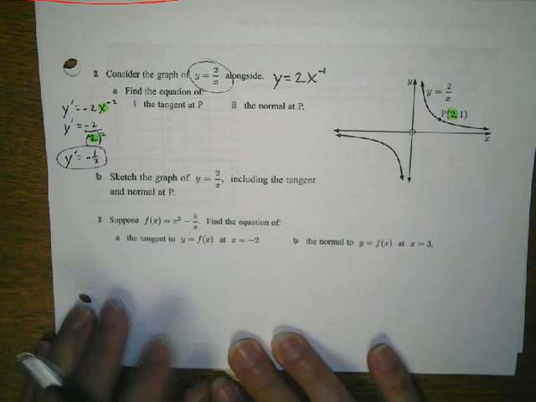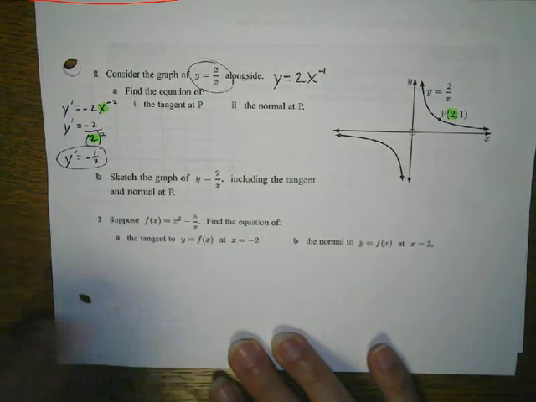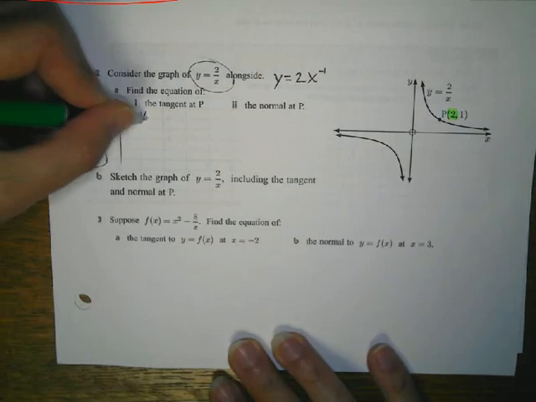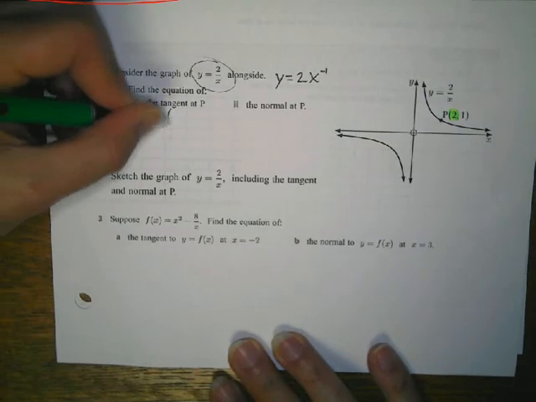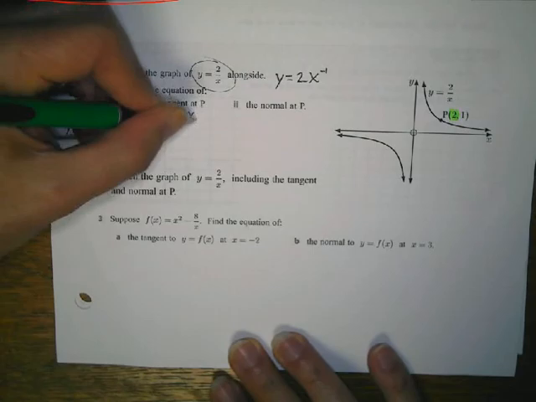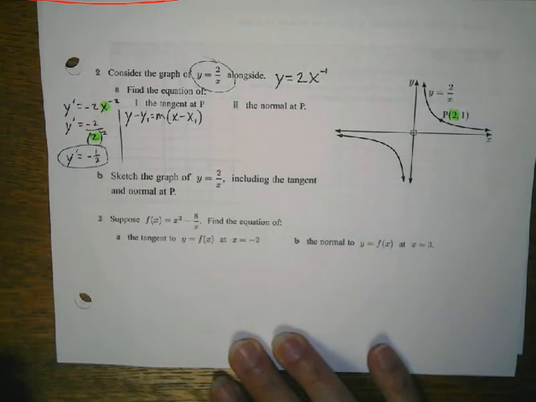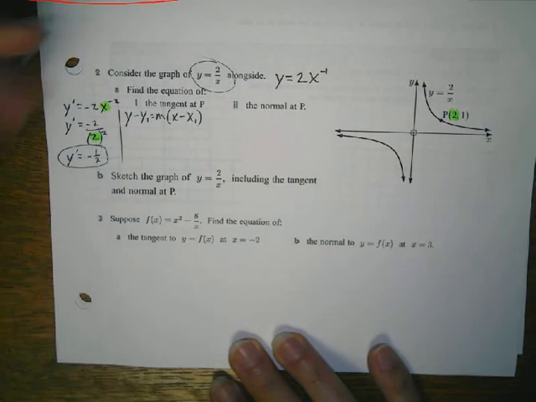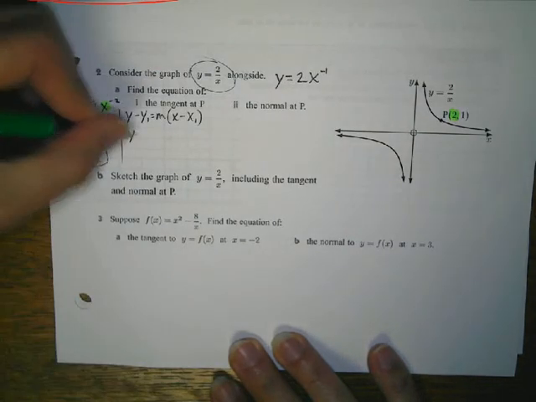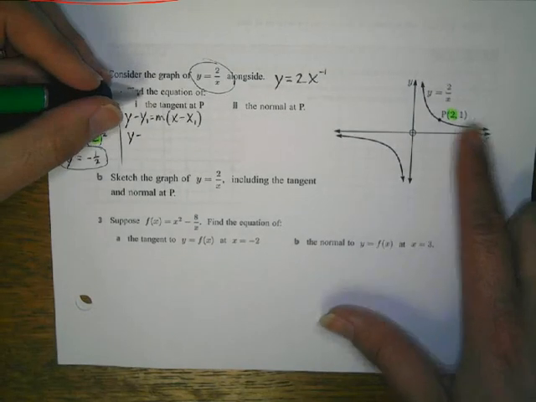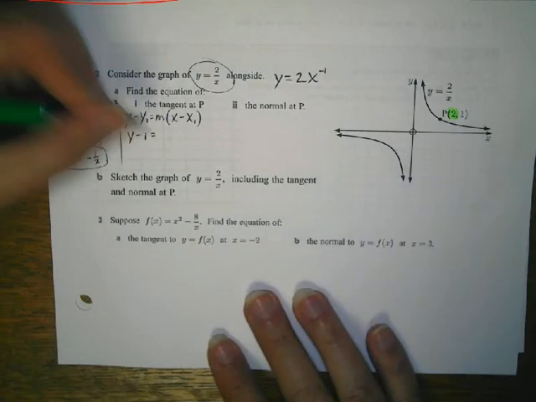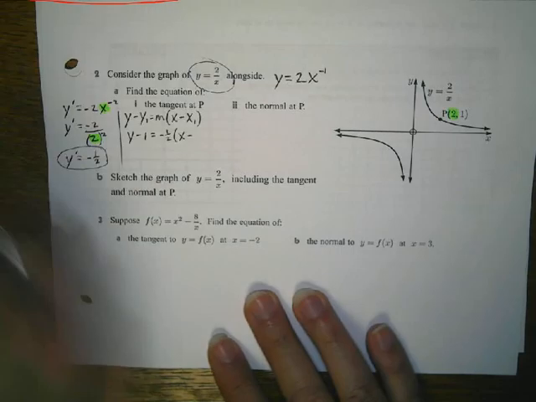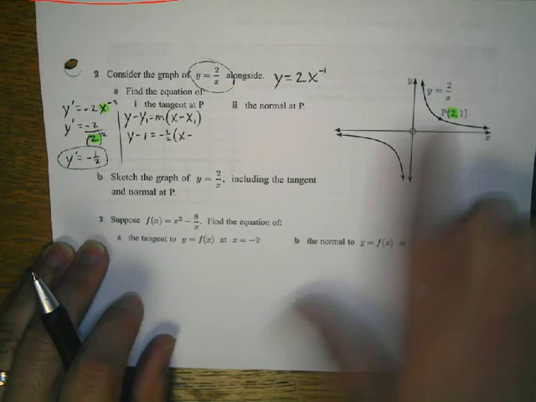Okay, so now to find the tangent line, I've got y minus y1 equals m times x minus x1. Okay, so my slope is negative 1/2. Okay, y1 is 1 here, right? Slope is negative 1/2 x minus, and my x value is 2.